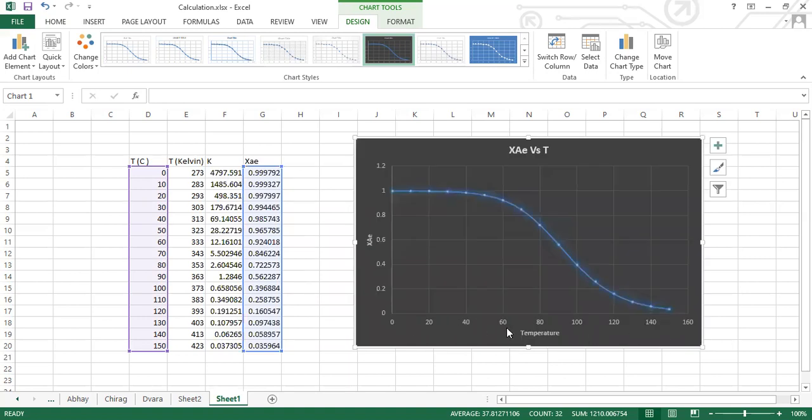Once the temperature increases, the equilibrium conversion is decreasing. You see it. So it means that if I take the temperature to nearly 150 degrees, the conversion is equal to zero. If I maintain the temperature low, I'm getting this 92 percent at 60 degrees temperature.